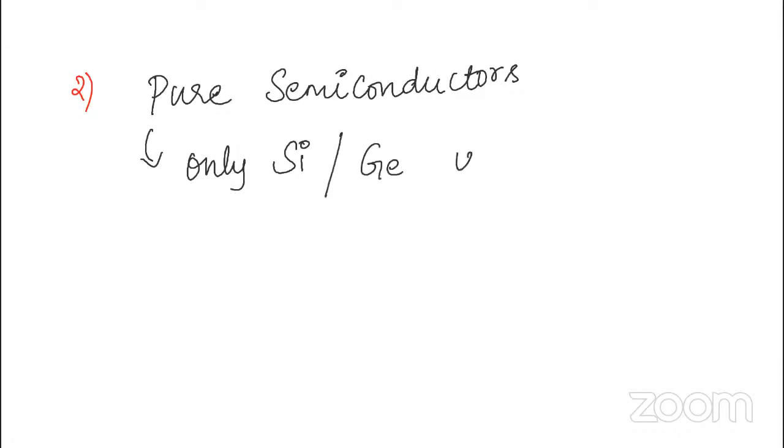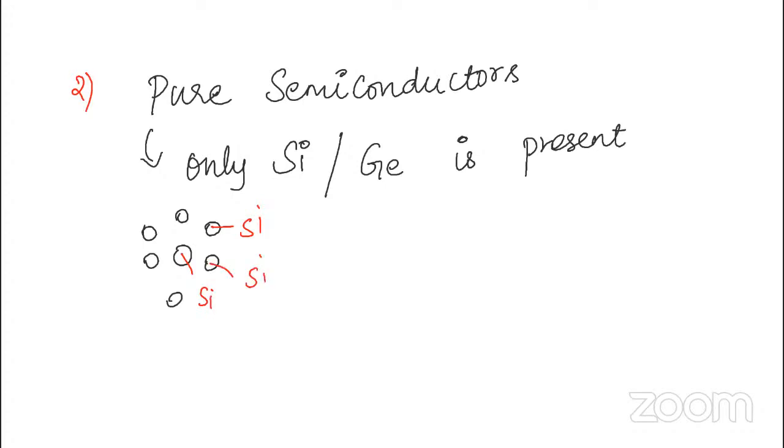Mostly silicon or germanium is present in the intrinsic. If it is a silicon atom, the atoms surrounding it will also be silicon atoms. So it is a pure semiconductor.